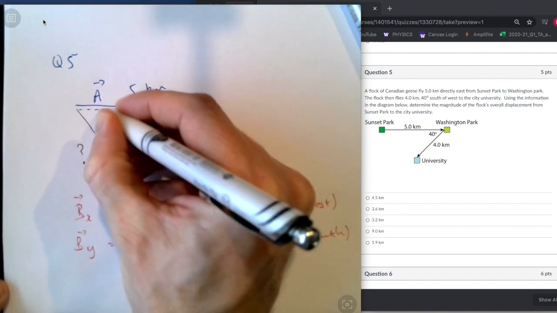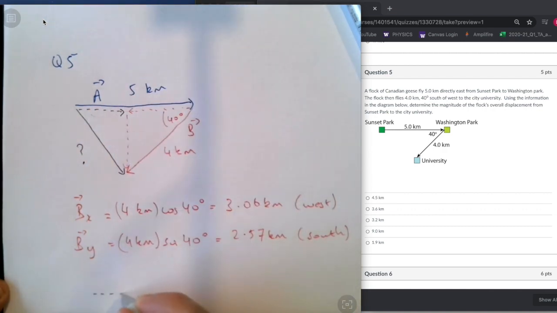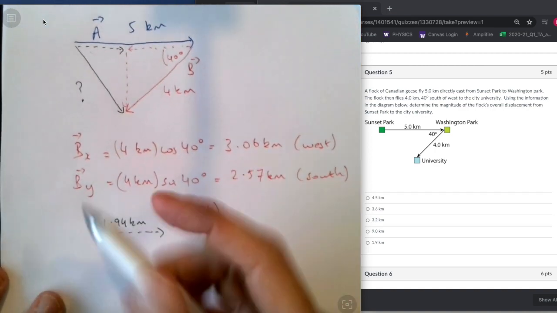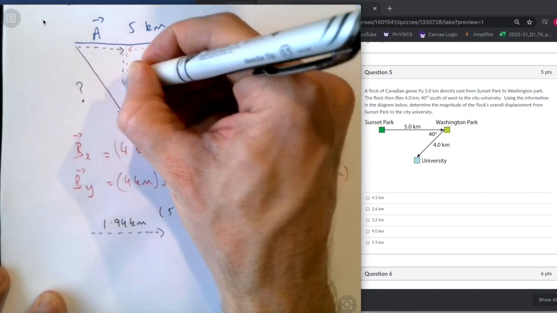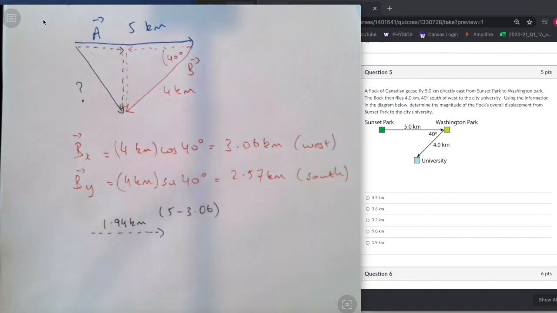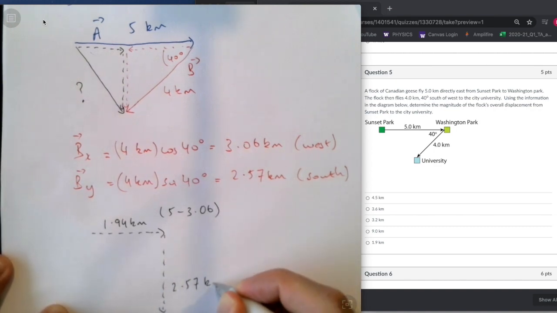The size of this black dotted line is basically 1.94 km, which you get from 5 minus the 3.06. And there's no y component of A, there's only a y component of B, so the y component of the net displacement is equal to the y component of B's vector, so 2.57 km.